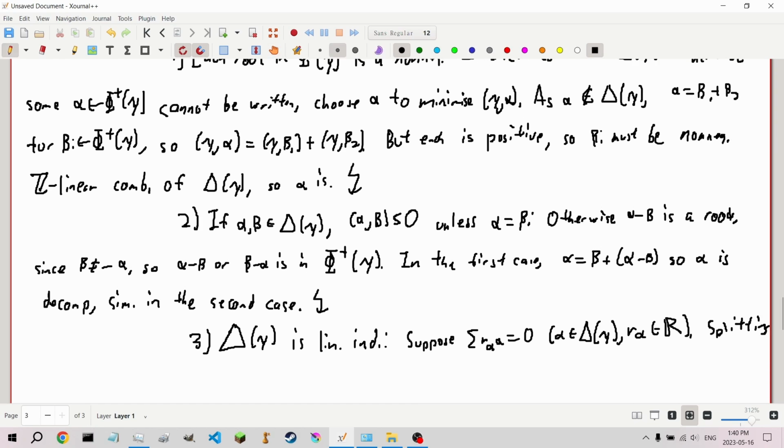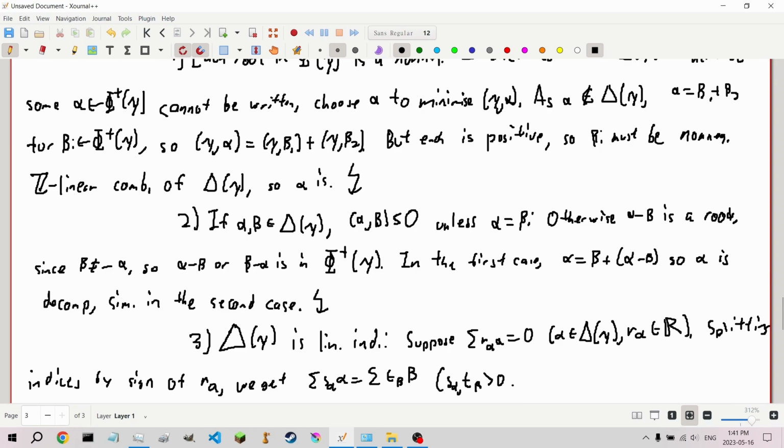Splitting these indices by the sign of r_alpha, we get the sum of s_alpha alpha is equal to the sum of t_beta beta, with each s_alpha and t_beta being positive, and the set of alphas and the set of betas are disjoint.